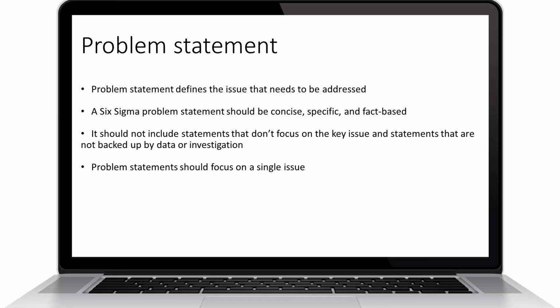That said, what should be included in the problem statement? A Six Sigma problem statement should be concise, specific, and fact-based. It should not include statements that don't focus on the key issue, or statements that are not backed by data or investigation. The problem statement should focus on a single issue.